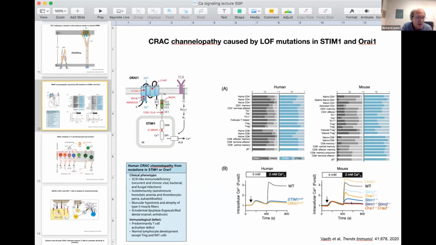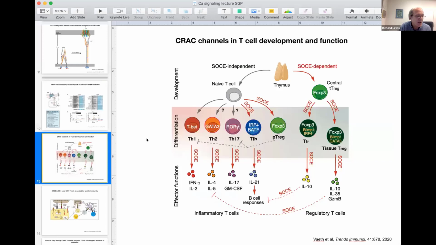And it shows defects in the development, differentiation, and effector function of T cells. So the development of some T cell subsets in the thymus is independent of store-operated calcium entry. For example, there's normal alpha-beta T cell, CD4 and CD8 T cell development in the absence of store-operated calcium entry. But interestingly, the regulatory T cell arm is highly dependent on store-operated entry for development in the thymus.